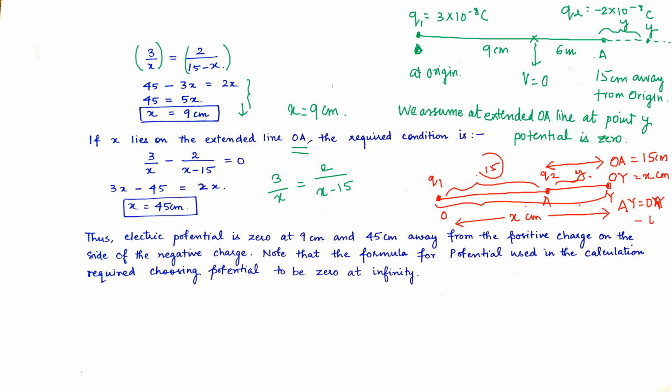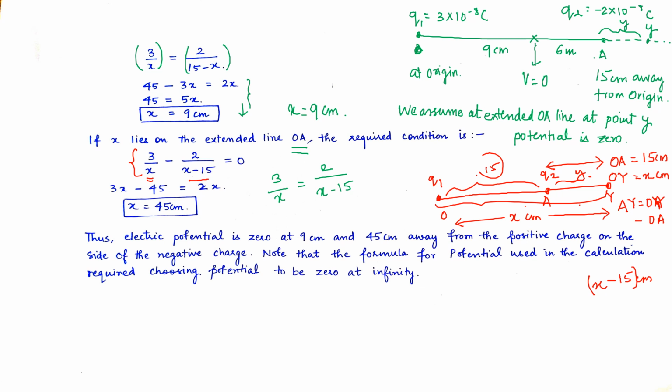That will be x minus 15 centimeter. So similarly we have taken this particular equation over here. Hope you understand from where x came and from where x minus 15 came.